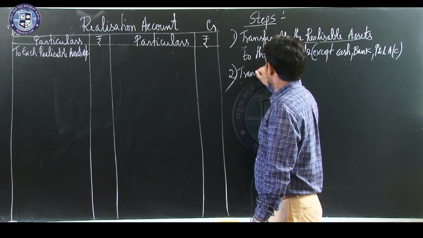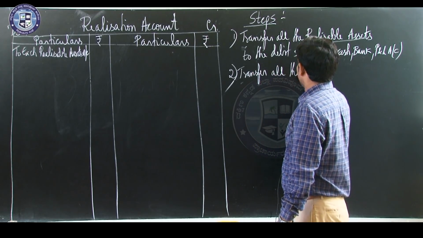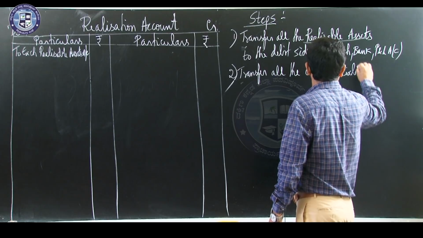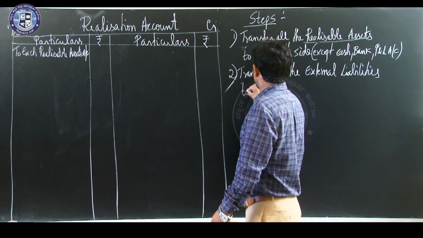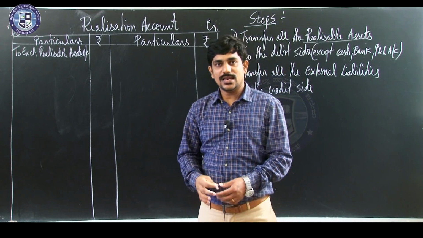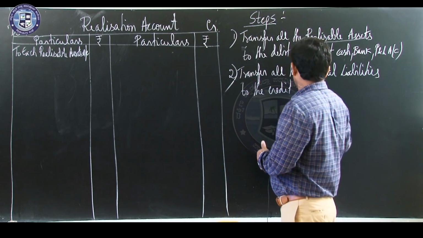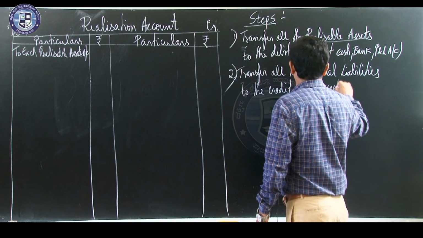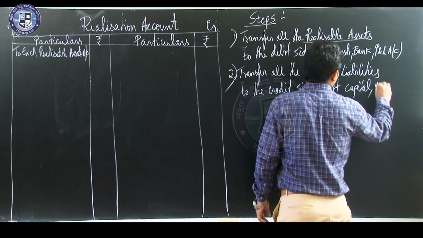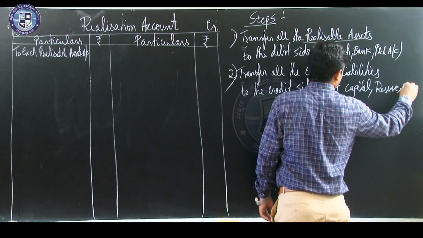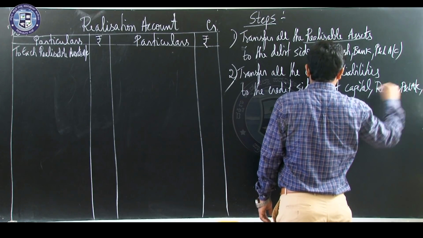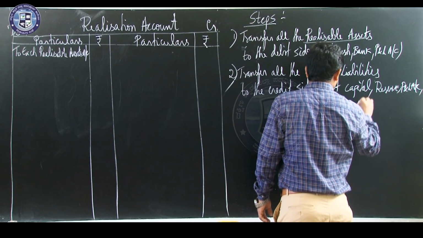So we need to transfer all the external liabilities, that is outsiders' liabilities, to the credit side of the realization account, except there might be some internal liabilities like capital of the partners, then reserve, then profit and loss account, and partners loan.